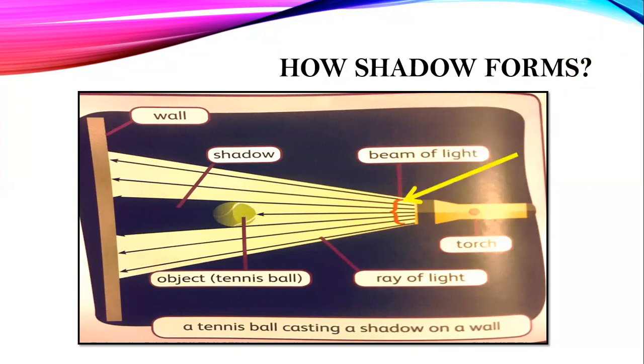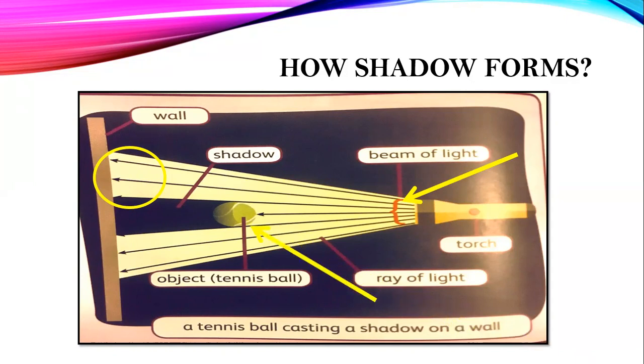The torch gives off a beam of light. Each ray in the beam of light travels in a straight line in a certain direction. As shown in the diagram, the straight lines coming from the torch represent rays of light. The arrows show the direction of traveling light.